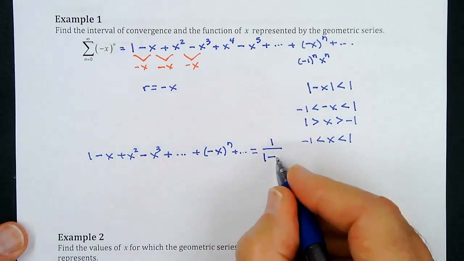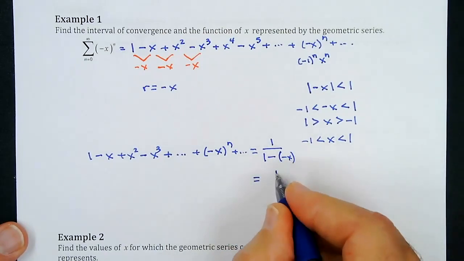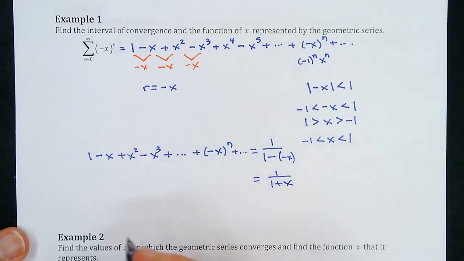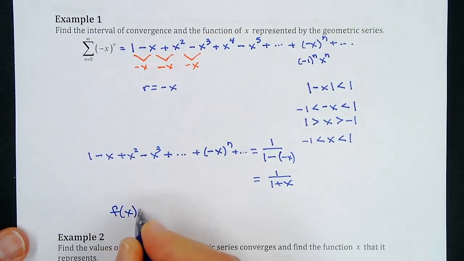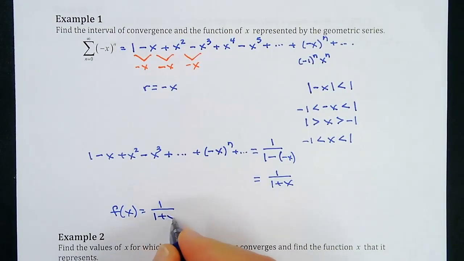Our r value is negative x, so this would be 1 over 1 minus negative x. So this particular series becomes 1 over 1 plus x. What all this means is we could call f of x this new function, which is 1 over 1 plus x.